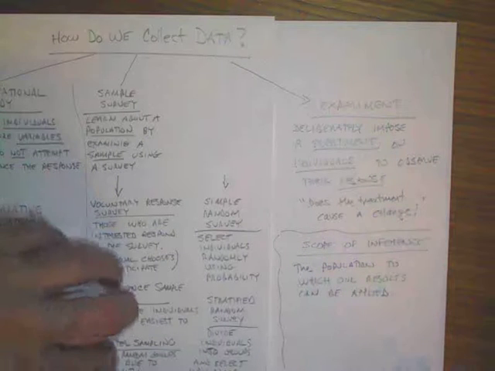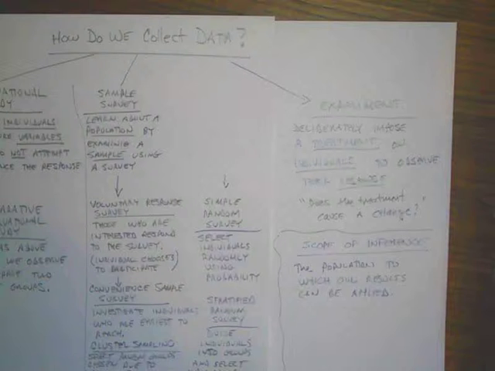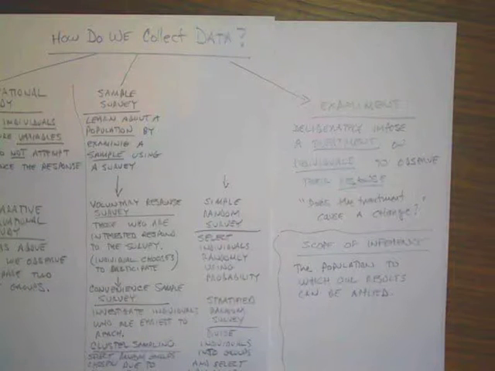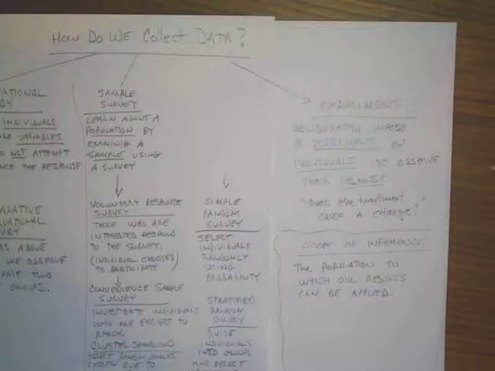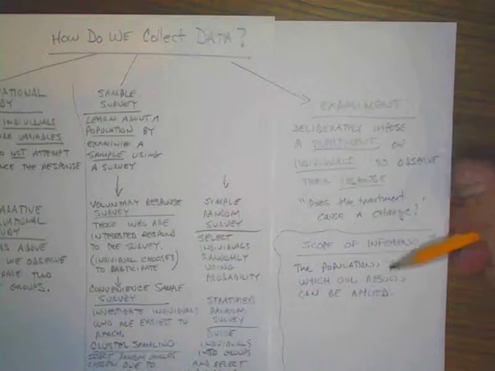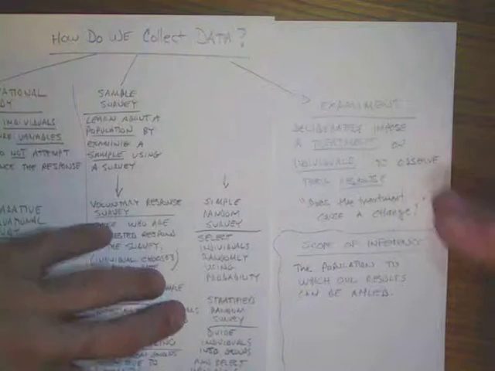So, for example, if we did an experiment with a smart pill on high school students and found that it worked, our scope of inference would be high school students throughout the nation. Our scope of inference would not include adults because we didn't do the experiment on adults, even though there might be a question that if it works on young people, it should work on old people. But the scope of inference is really about making a judgment. When you did the experiment, how can those results be applied to other people?